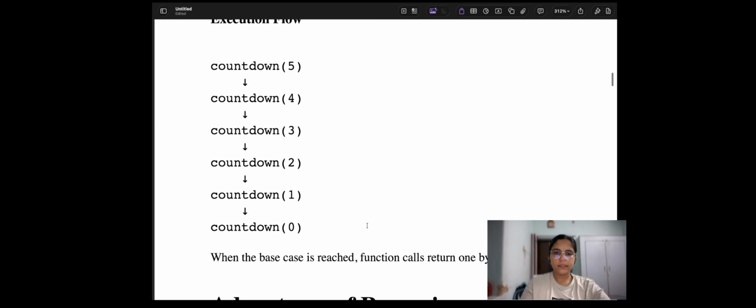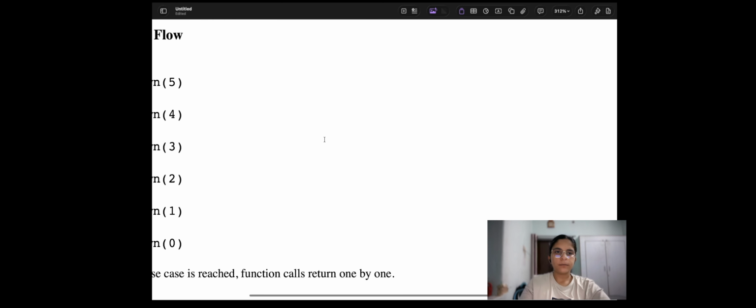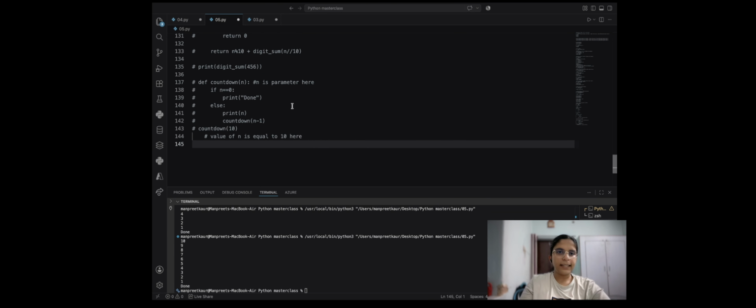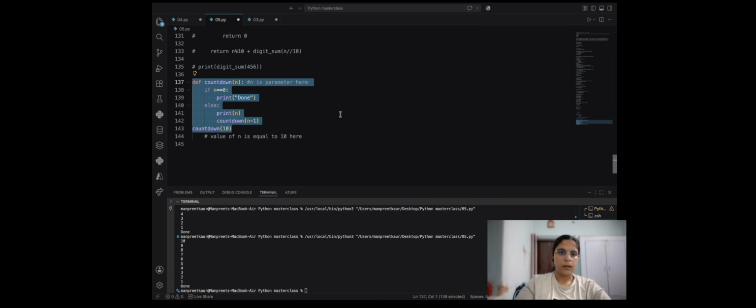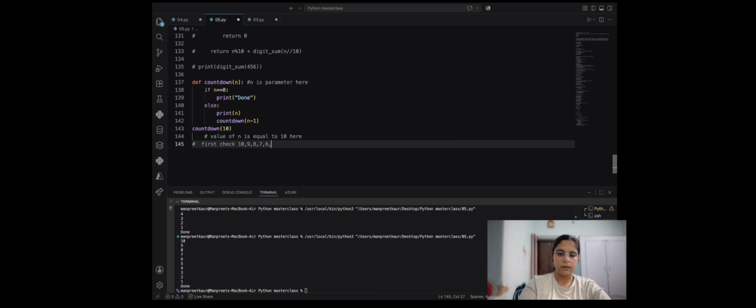Execution flow I already discussed with you. First, it checks 10, then 9, then 8, then 7, then 6, then 5, then 4, then 3, then 2, then 1.